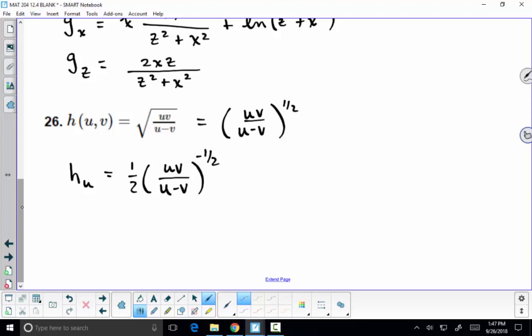And now we have to take the derivative of the base, which is a quotient. So the derivative of the base is going to be low partial high with respect to u, minus high partial low with respect to u, over low squared.